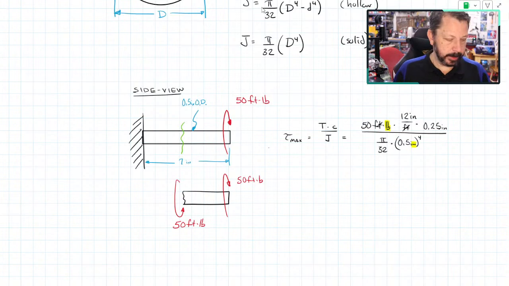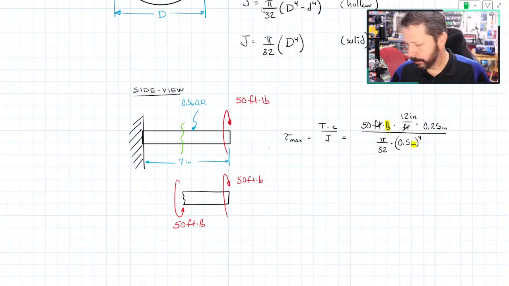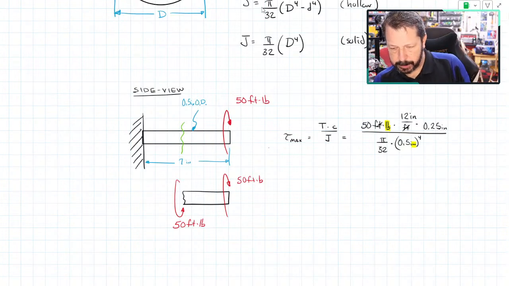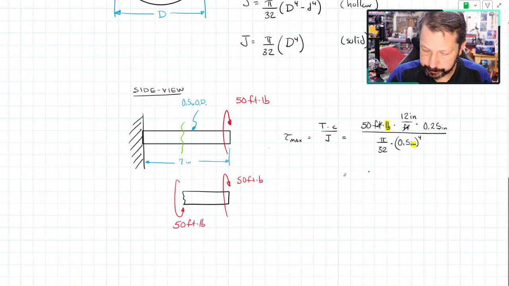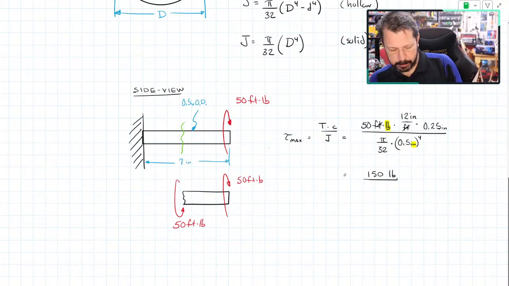And let's see what number we get. Here's my calculator. 50 times 12 times 0.25 is 150 in the numerator. In the denominator, pi, I always lose pi on this calculator, there it is.